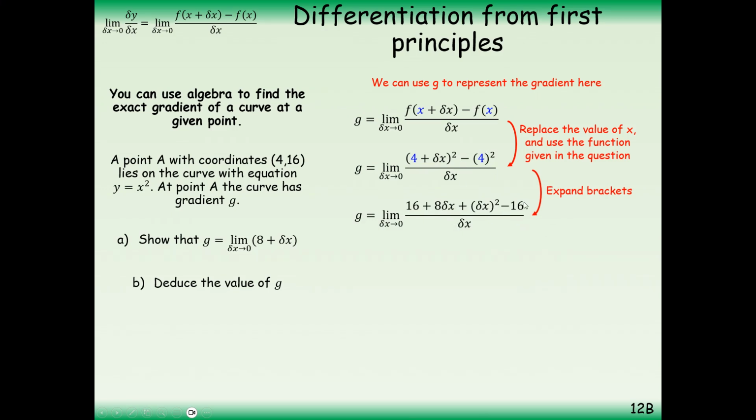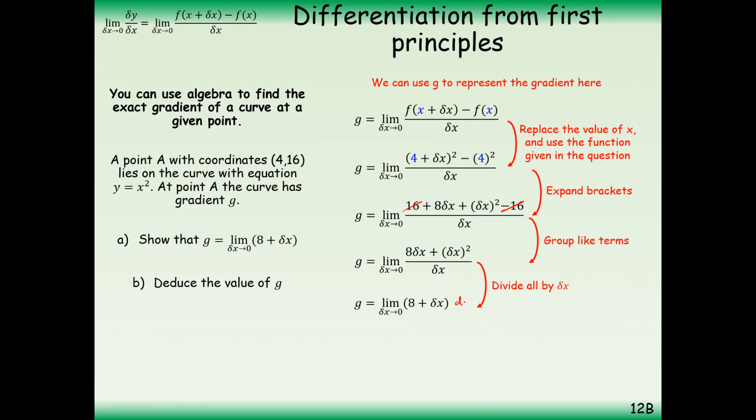So you've got a numerical example here, and this 16 and minus 16 will cancel away. Now on the numerator we can factorize the delta x, and what we're left with is there.